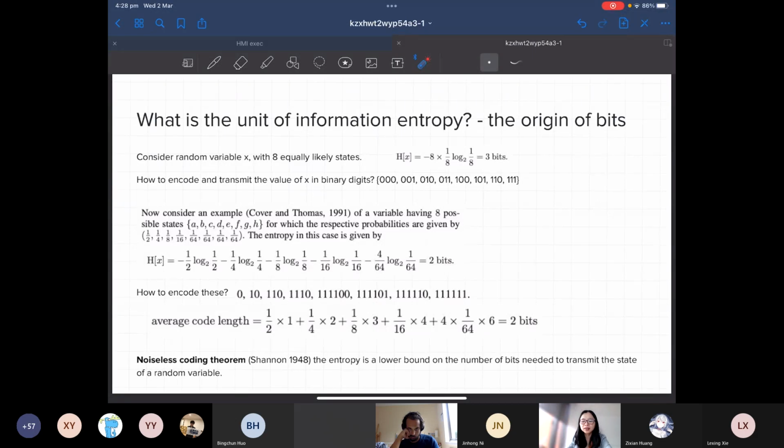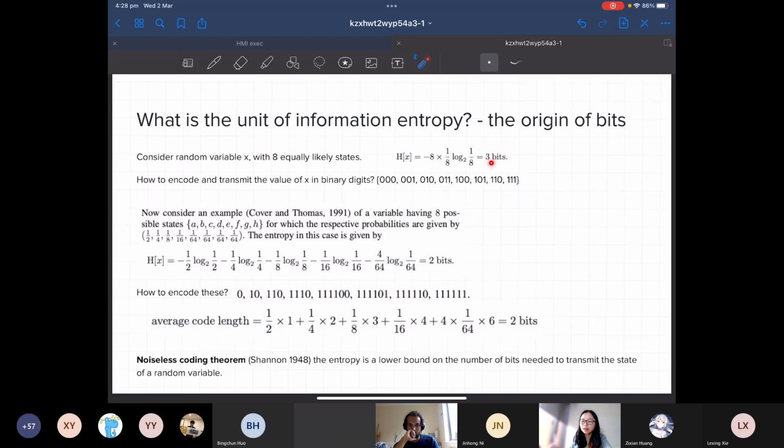Right, okay, so consider now not a coin flip, but an 8-faced die with equally likely states. This H(x) function ends up being 3 because the probabilities are all 1/8. And each of the terms in the summation is equal, so therefore there's 8 times in front.